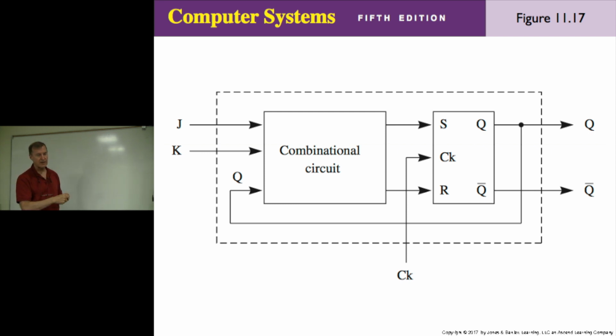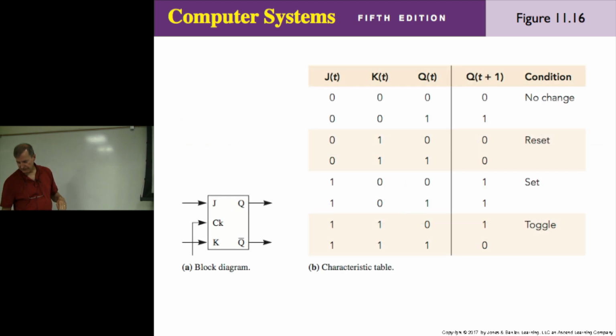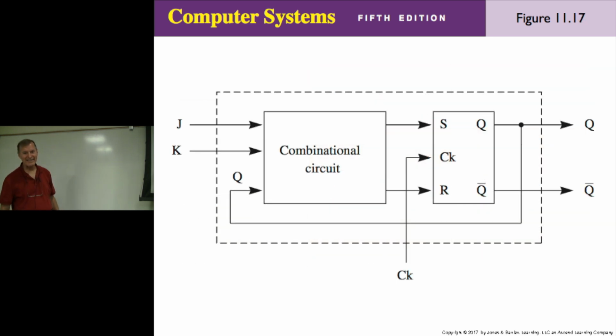Are you with me? So that corresponds to figure 11.16a, that block diagram. See, we have JK coming in, Q and Q bar coming out, and we have a clock. Okay, so the black box is actually figure 11.16a. So what happens is inside of a JK flip-flop, there is an SR flip-flop. Are you with me?